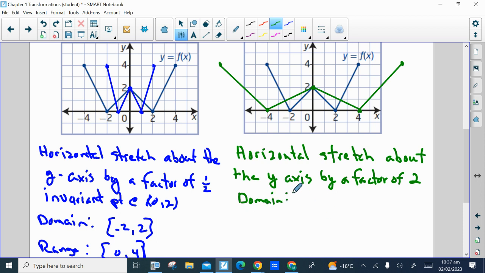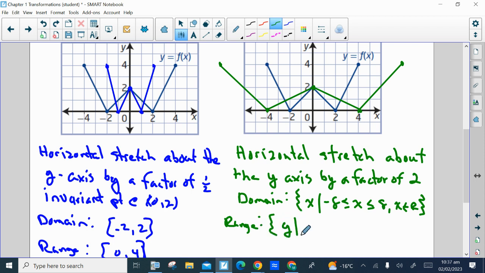Our domain, if we use set notation, will be all values of x between -8 and +8. And again, x is an element of real numbers. The range did not change. All values of y between 0 and 4.